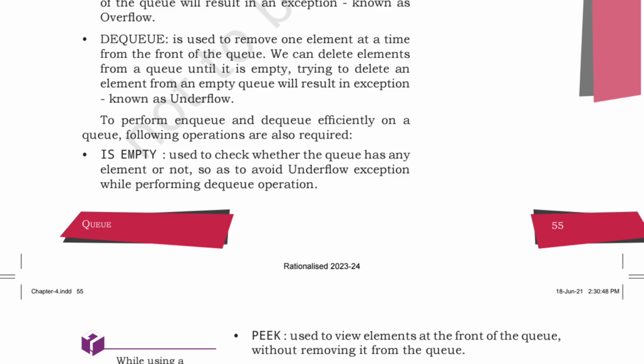We have to find out whether the queue is empty or not, because the DQ operation throws an exception like underflow. So by using isEmpty, we can avoid the underflow exception while performing DQ.